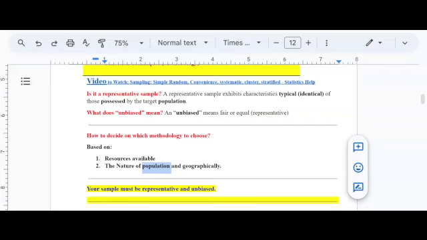Maybe they don't know how to speak or read English, or how to use a laptop. Maybe the researcher can't reach them geographically because they are far away. Okay, I think this is enough for this point.